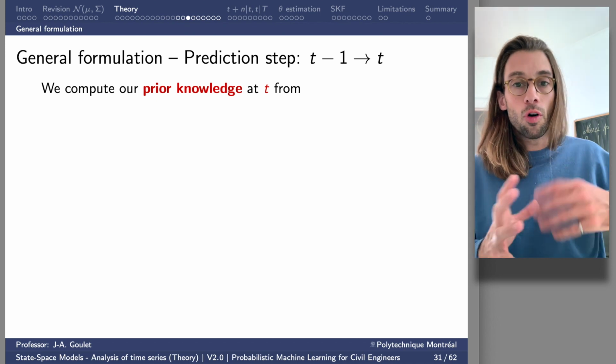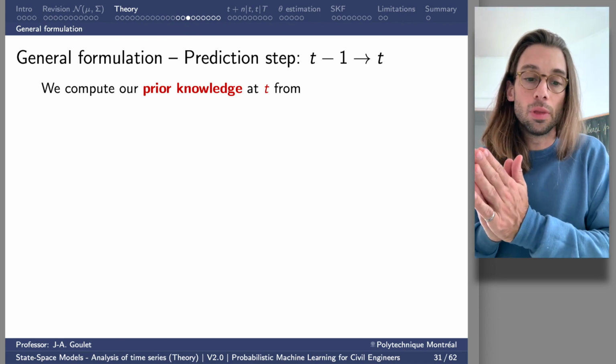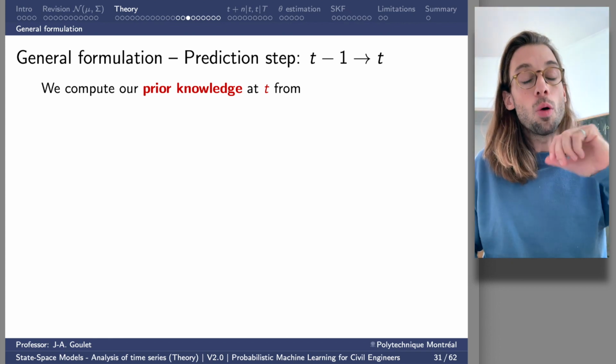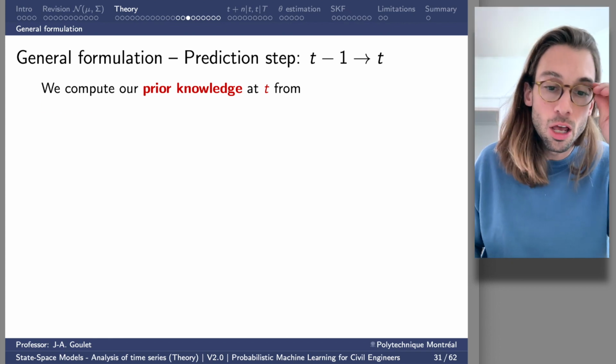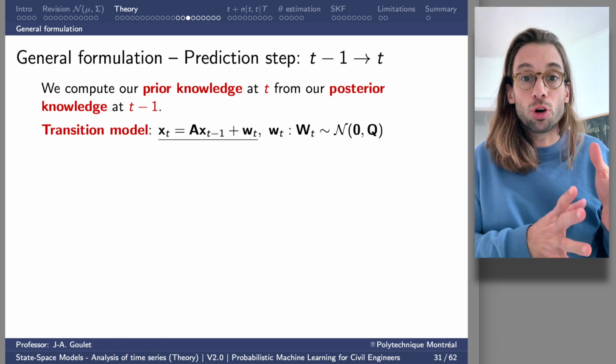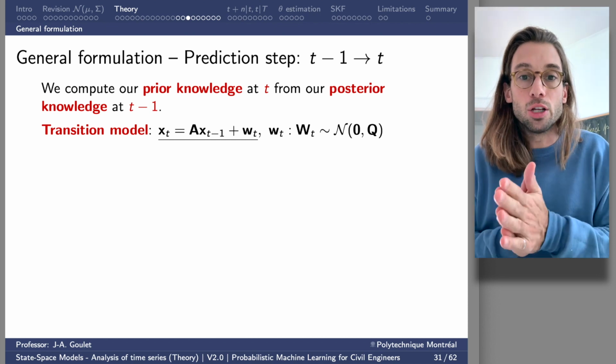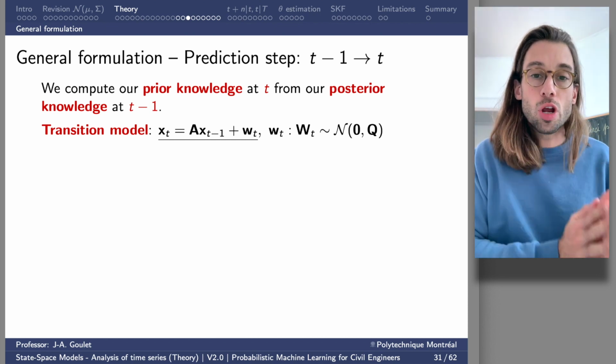So we're going to formalize this. How can we go from a step t minus 1 to t? The first thing, we're going to compute our prior knowledge at time t from our posterior knowledge at time t minus 1. We're going to do this by propagating forward our posterior at time t minus 1 through our transition model.